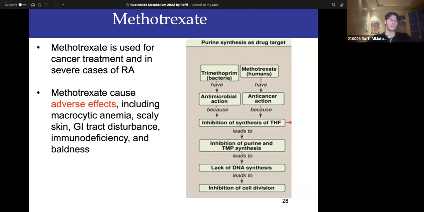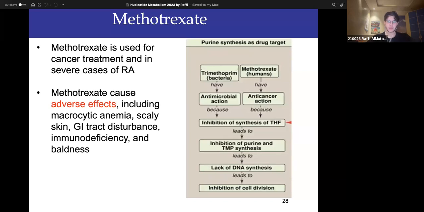And because of this, there will be side effects such as macrocytic anemia, the skin will be scaly, you'll have GI problems, immunodeficiency, baldness. So it's important to understand not these side effects in particular, but why they happen. And that's because all of the cells are affected when you give methotrexate, not just the cancerous or the autoimmune cells.